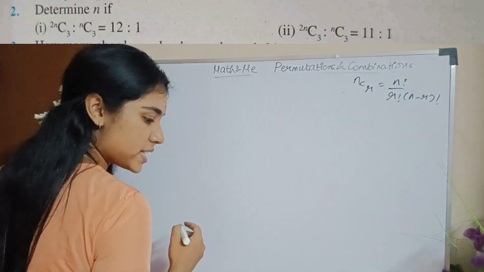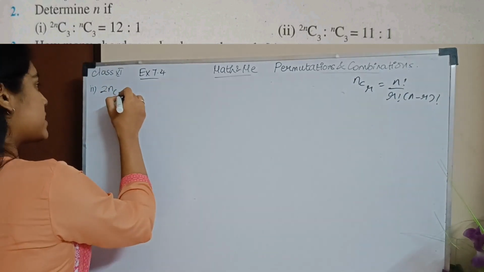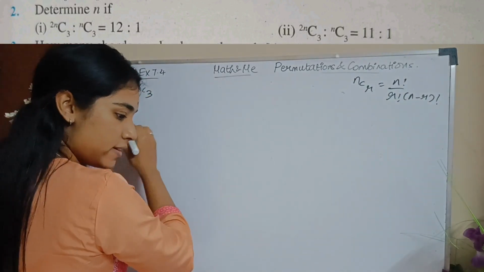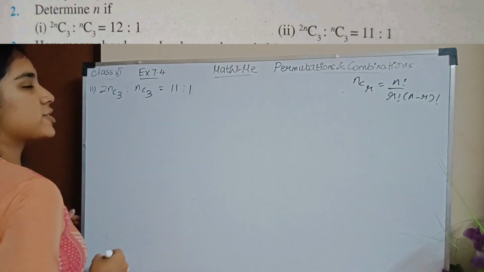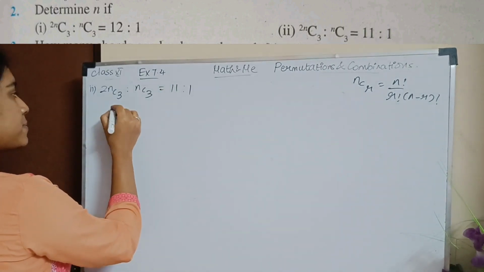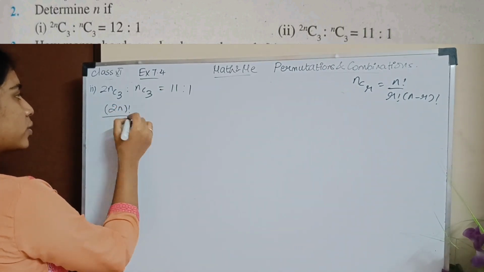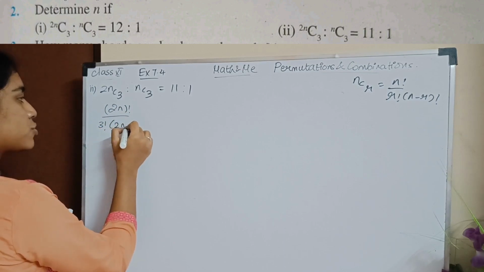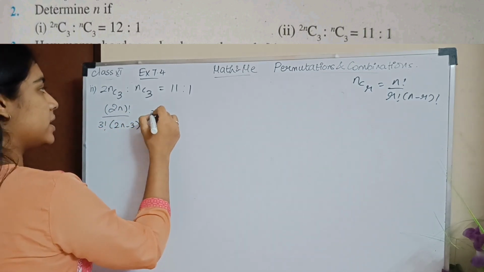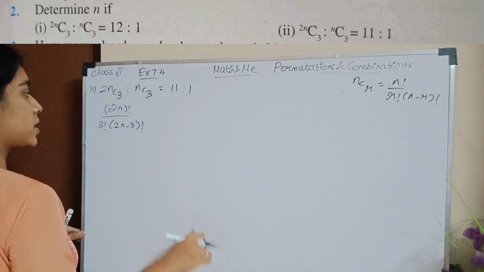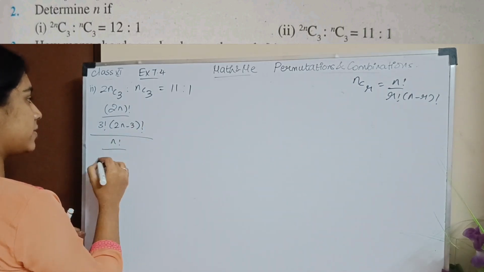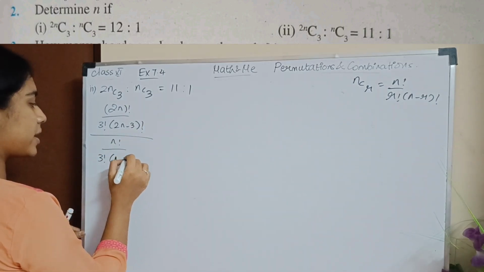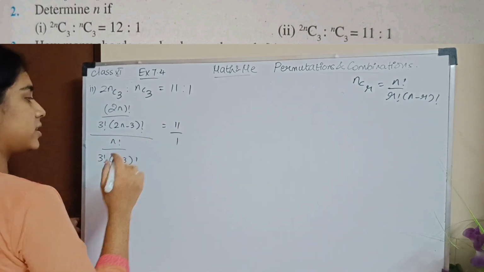Second subsection, it is very similar to the previous one. So 2nC3 is to nC3 equals 11 is to 1. Instead of 12, you have 11. So similar steps: 2n the whole factorial divided by 3 factorial times 2n minus 3 factorial, divided by n factorial divided by 3 factorial n minus 3 factorial, equals 11 divided by 1.